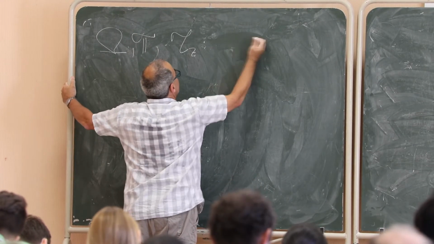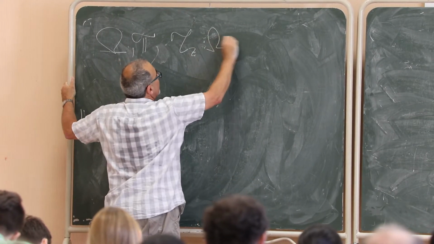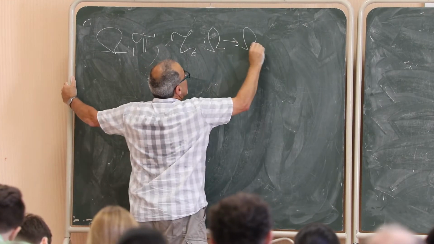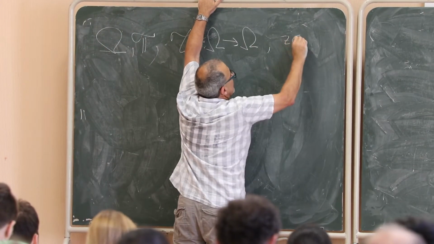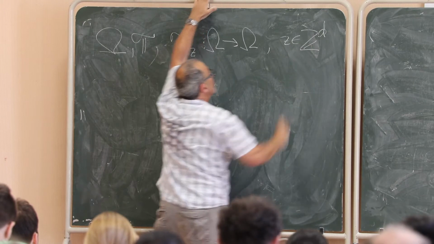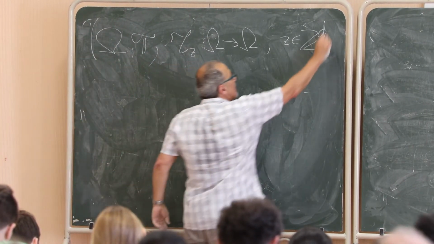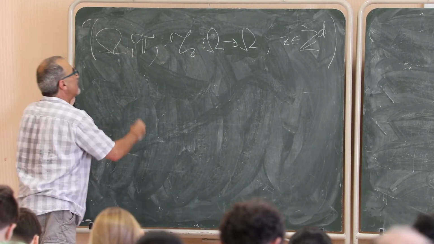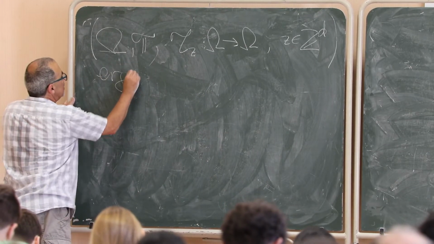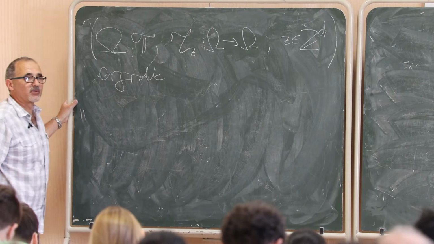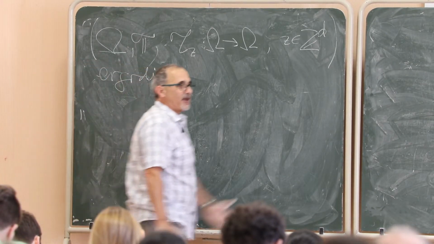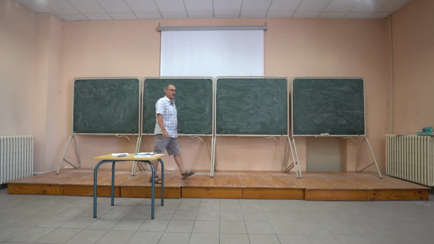Let me write it like this: tau z maps omega to omega for z in Z^d, right? And this is an ergodic dynamical system. Everybody understands what I mean, right? I have a probability space and the Z^d action on it, which acts ergodically.